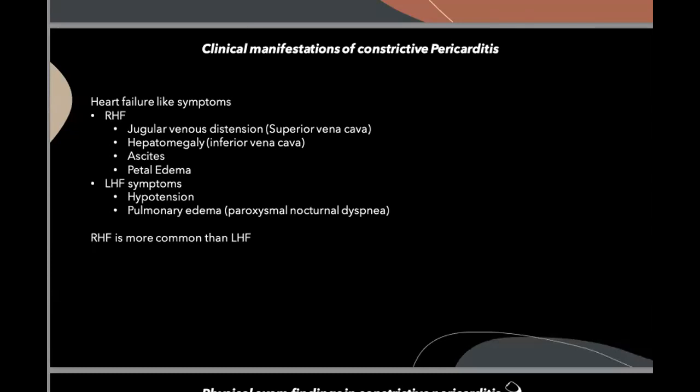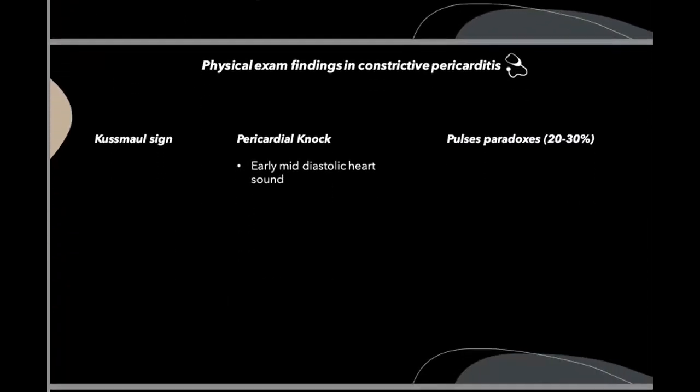These are the clinical manifestations. And in physical examination, you will find Kussmaul sign, which is again jugular distension, but during inspiration. We have the pericardial knock, which comes after S1 and S2. S1 is for our ventricular systole, and S2 for ventricular diastole.